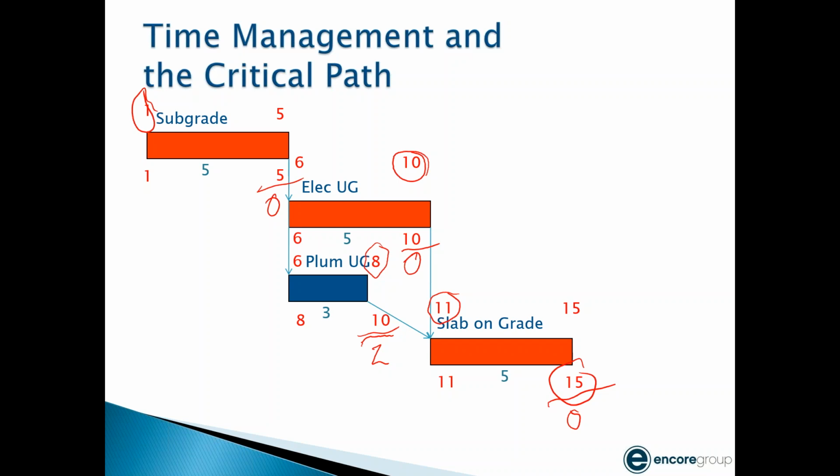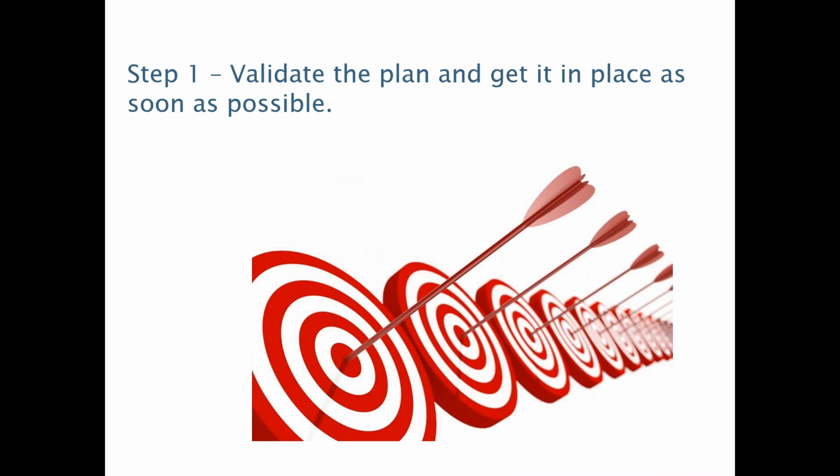So for that to work, the first thing you want to address when you're reviewing a schedule is to validate the plan and get it in place as quick as possible. So what I mean by validating, that's a term used in the industry for actually reviewing a schedule to make sure that your critical path schedule has as few flaws as possible.